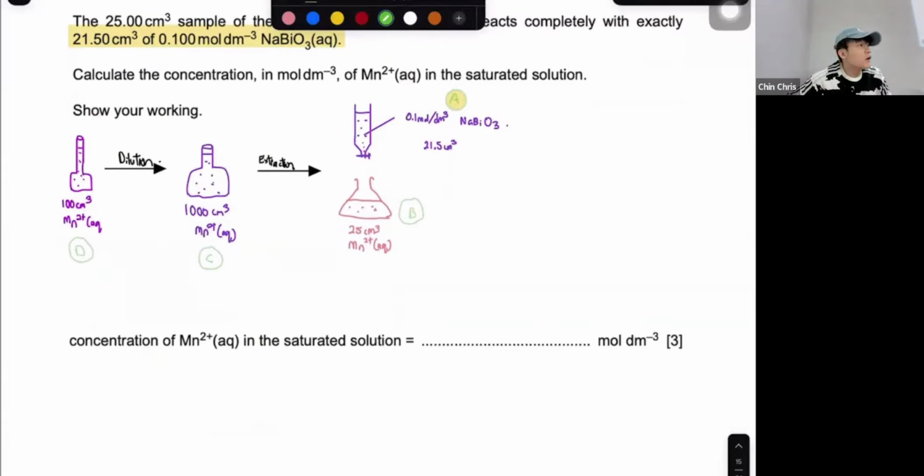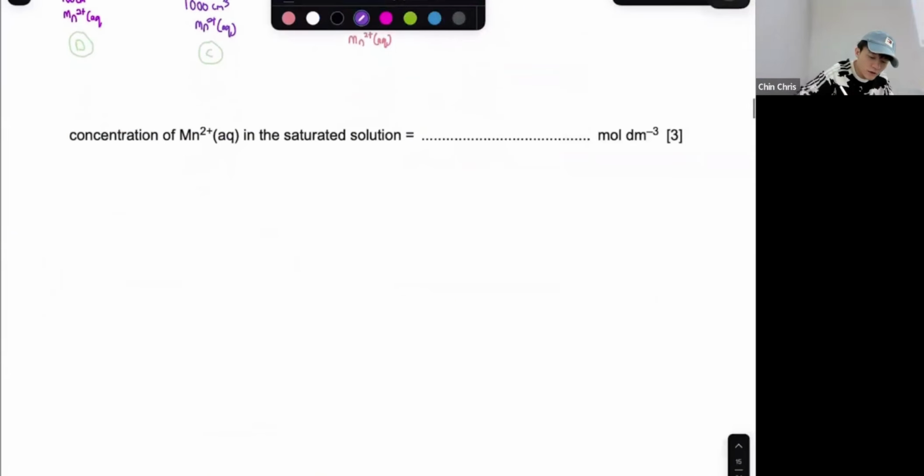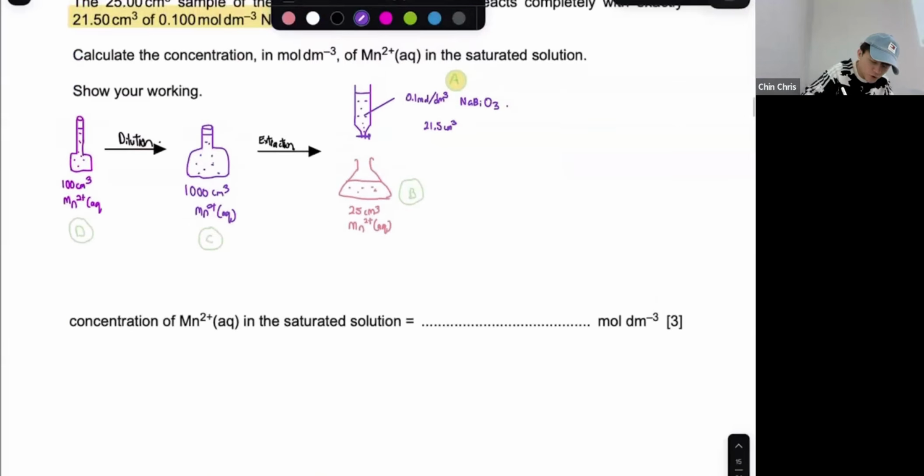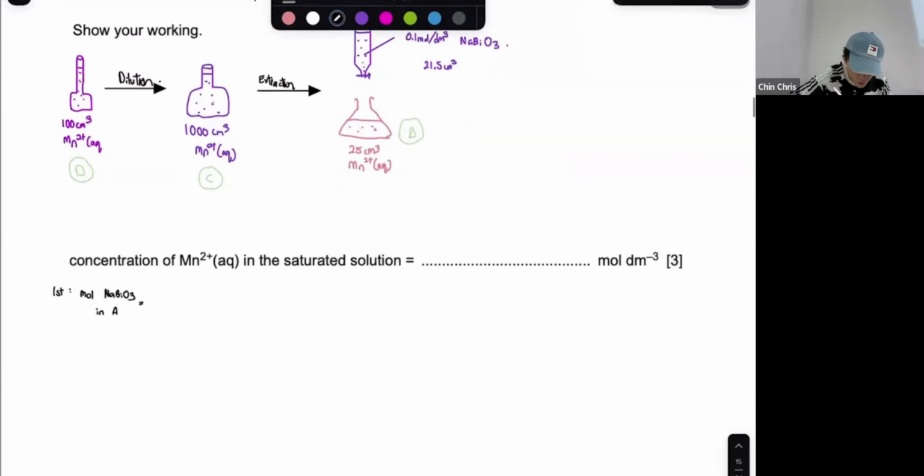Next, after you get everything, just keep finding the mole. Understand? Keep on finding your mole. Guys, first, can you find the mole of NaBrO3? What's the formula for concentration and volume?